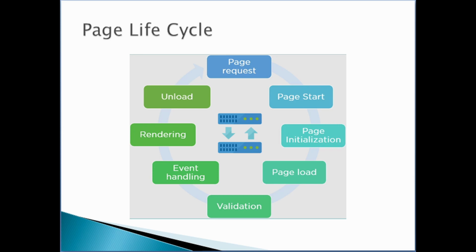For example, there can be a validation which says that a list box should have a certain set of values. If the condition is false, then there should be an error in loading the page. Event handling. Event handling takes place when the same pages are loaded. It is a response to the validation.